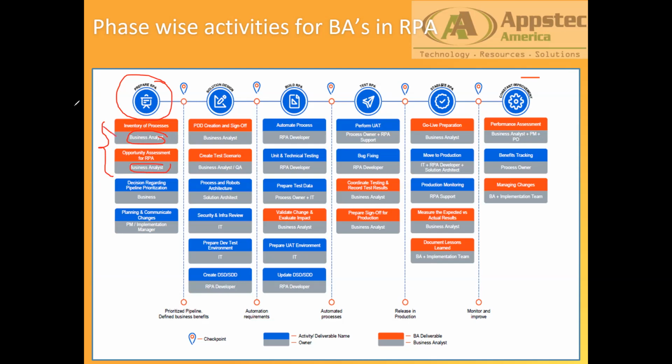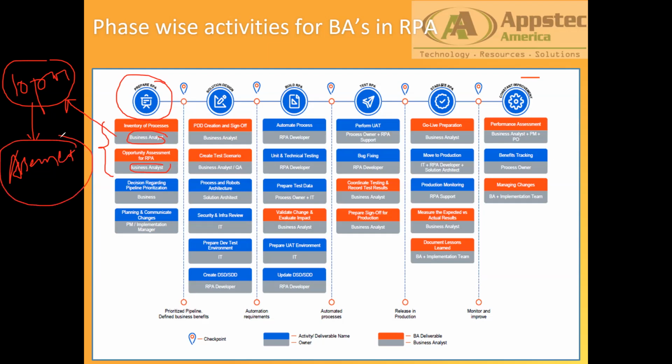So inventory of processes means, let's say I as a company have identified 10 different projects that I want to automate. That's my inventory. Out of these 10 projects, I am now talking with the RPA business team, or the RPA COE team, of which you are a part as a business analyst, to understand these 10 projects and do an assessment of how many projects are automation potential, what is doable, what is not doable, what is in scope, what is out of scope.